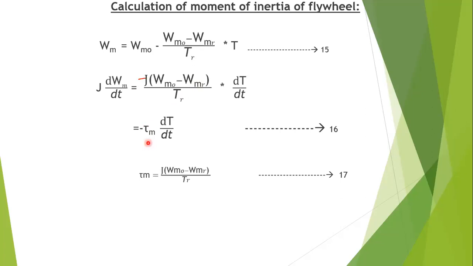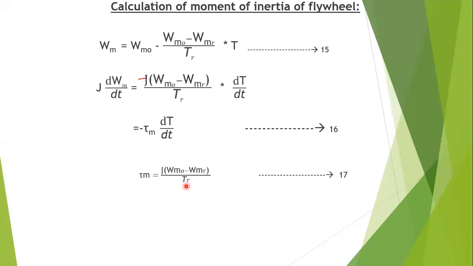the mechanical time constant of the motor. Okay, so this means that it is the time required for the motor speed to change from omega m naught to omega mr, when the motor torque is maintained at a constant rated value Tr.